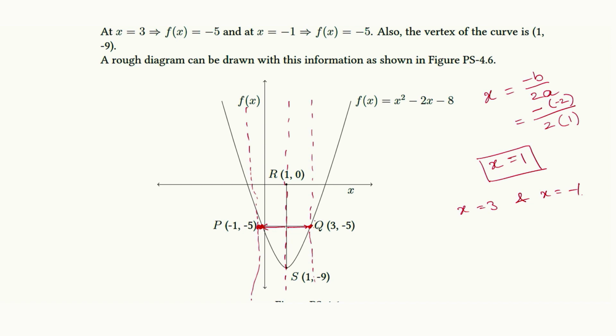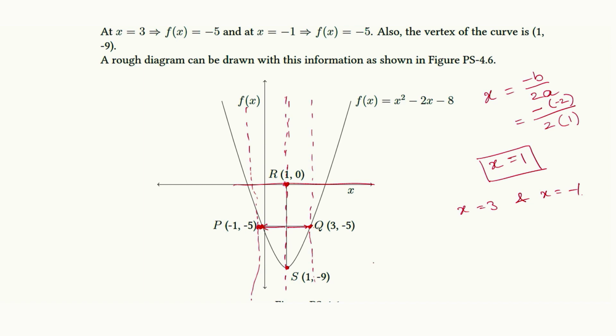Now R is the point of intersection of the axis of symmetry and the x-axis. If you see in the graph, the axis of symmetry is x is equal to 1 and the x-axis is this. So the point of intersection will be 1, 0. Finally, let's point S. S is the vertex of the curve. If you calculate by substituting x is equal to 1 in the curve, we will get f of x is equal to minus 9.